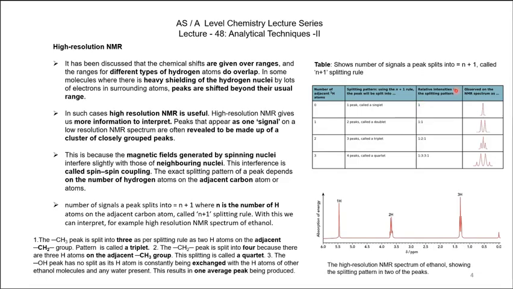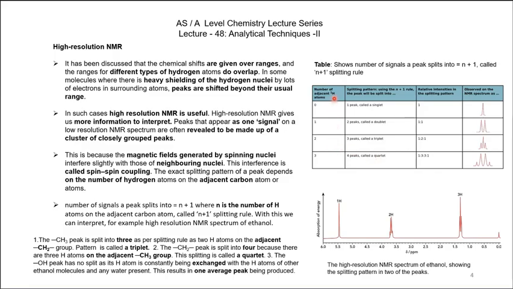The relative intensity is 1. If the adjacent atom has one hydrogen atom, then n plus 1 is 2, and we get a doublet, with relative intensity 1:1.